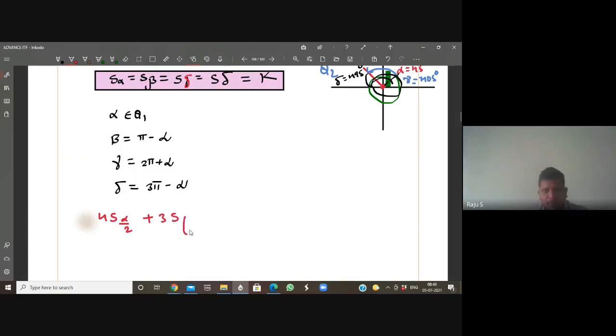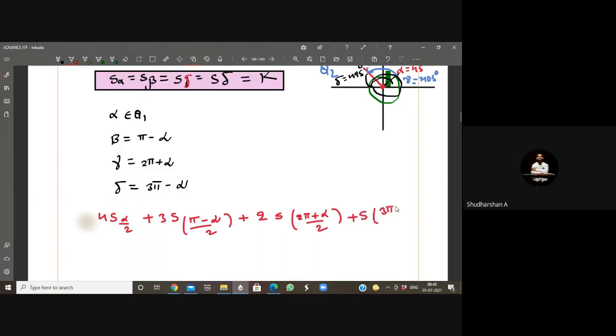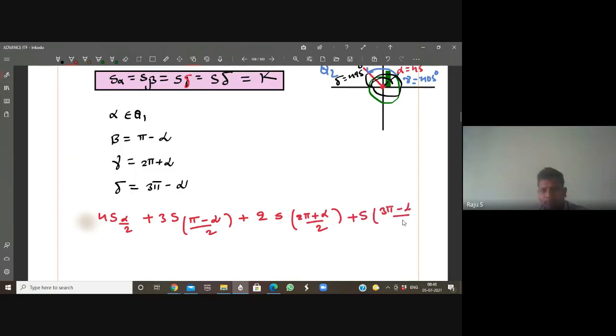What is beta? Shall I write pi minus alpha by 2? Yes. Plus 2 sine gamma by 2, where gamma is 2 pi plus alpha by 2, plus sine delta by 2. We require to find this value.